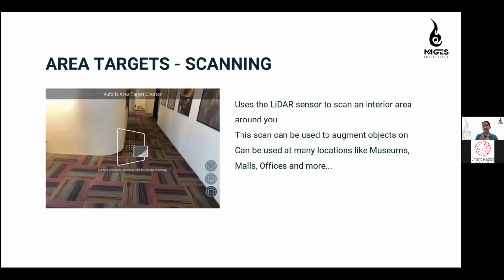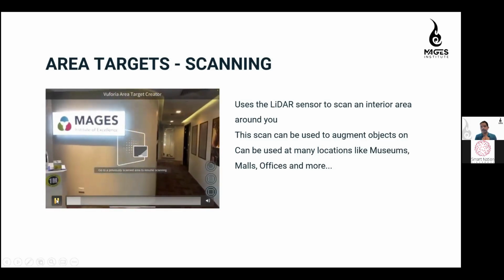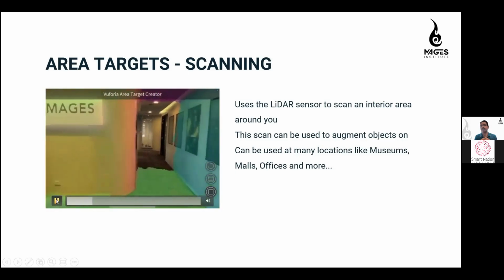The first step that we do in area targets is very simple. The app has to scan the surface. It has to understand the space around it. So when I say scan the surface, you take your iOS device, an iPad or iPhone, and use the target creator to scan the surface. It has to understand the surroundings around you.